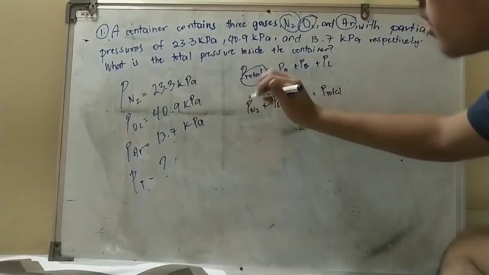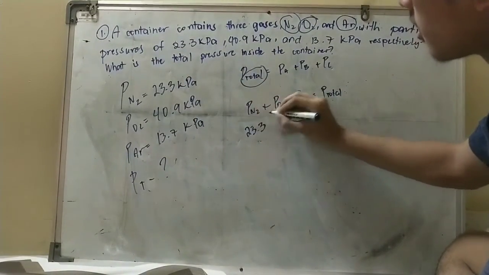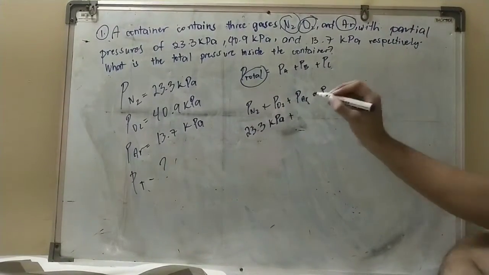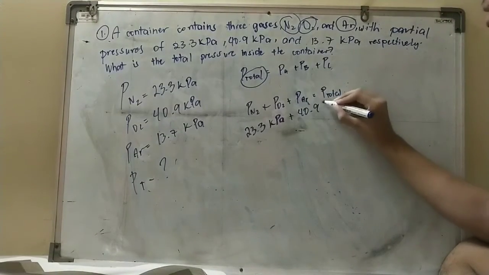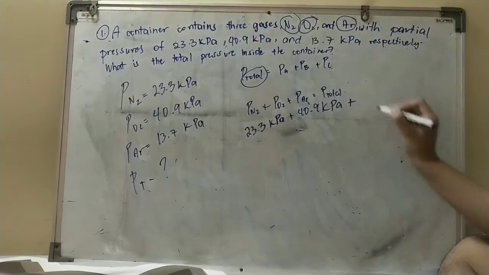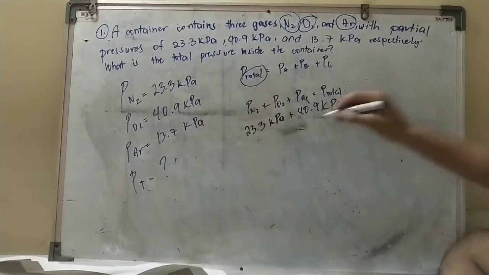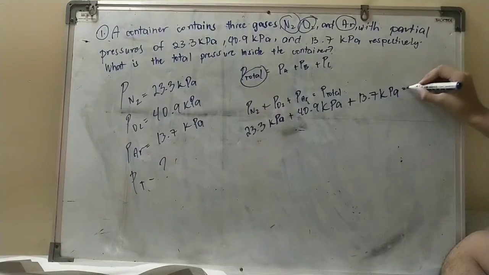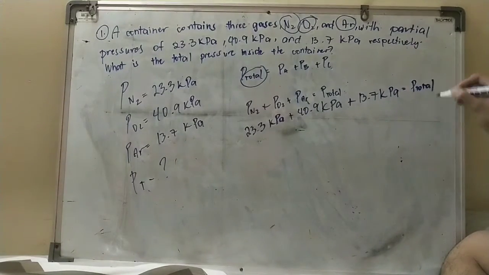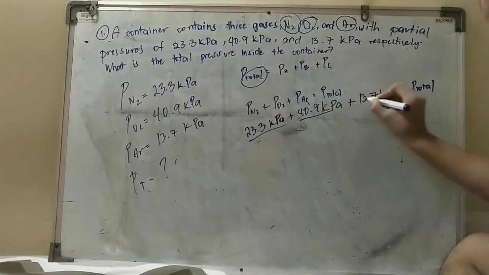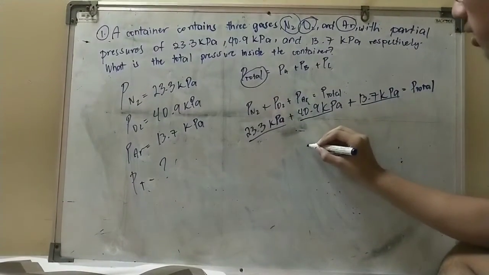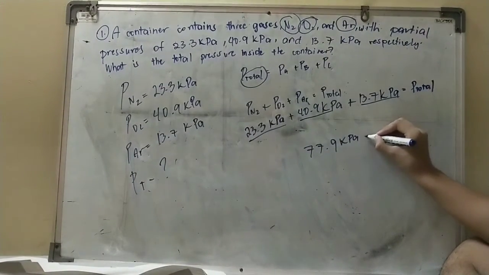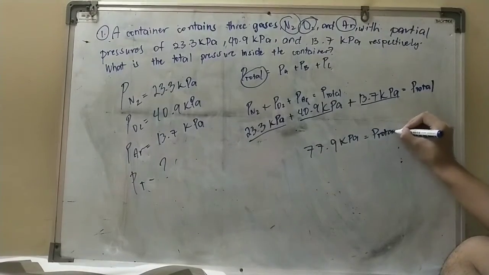So PN2 is 23.3 kPa plus PO2 is 40.9 kPa and PAr is 13.7 kPa. So we just need to add these 3 values and we can come up with the answer of 77.9 kPa, which is the total pressure that we needed to find.